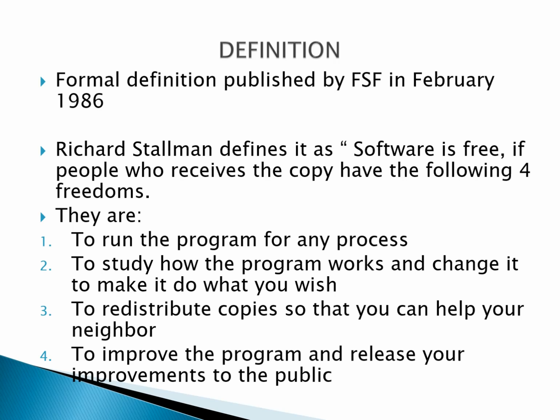He defines it as: software is free if people who receive the copy have the following four freedoms. Number one, to run the program for any purpose; number two, to study how the program works and change it to make it do what you wish; number three, to redistribute copies so that you can help your neighbors; number four, to improve the program and release your improvements to the public.